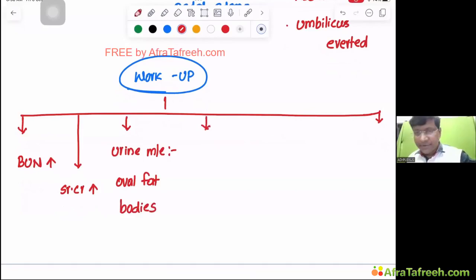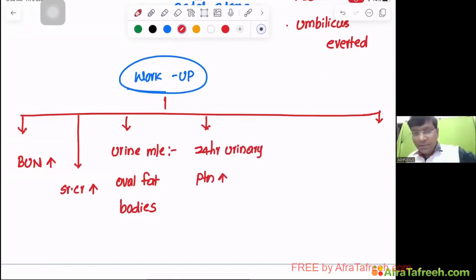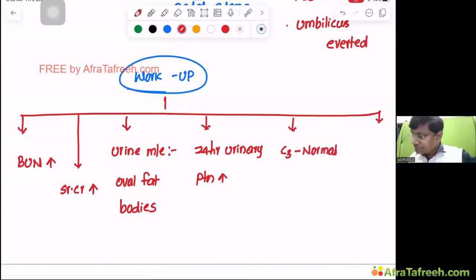And the 24-hour urinary protein is elevated. And what will happen to the complement levels? This is a very important point: the complement levels are normal.